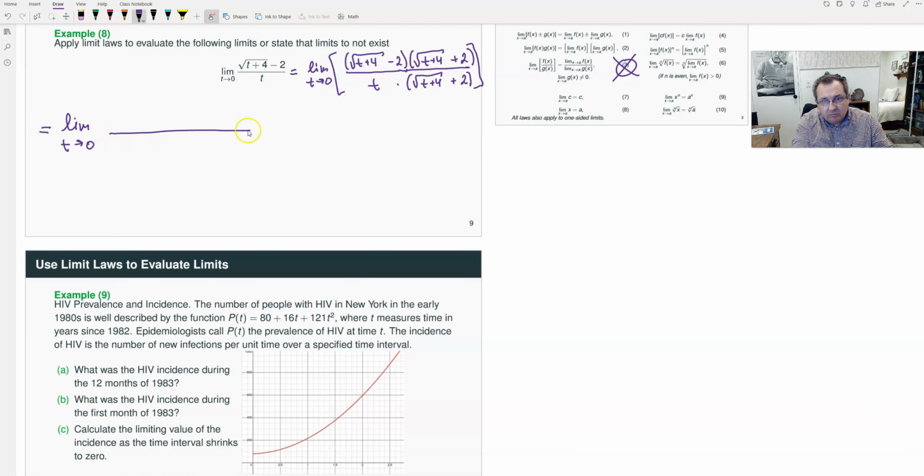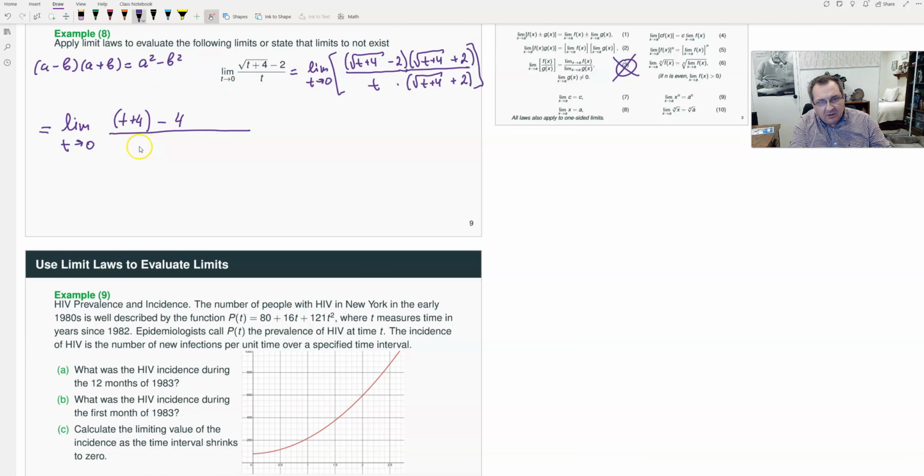In the numerator, after multiplying to conjugate, we will have the following. T plus 4, that's the result of squaring the radical, minus 4, that's the result of squaring the second term. So one more time. What do we use when we do this trick with conjugates? We use the fact that a minus b times a plus b is equal a squared minus b squared. Instead of a, I will have radical t plus 4. Instead of b, I will have 2, so radical t plus 4 squared is t plus 4, and 2 squared is 4.